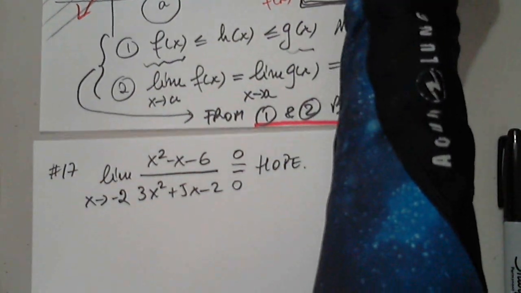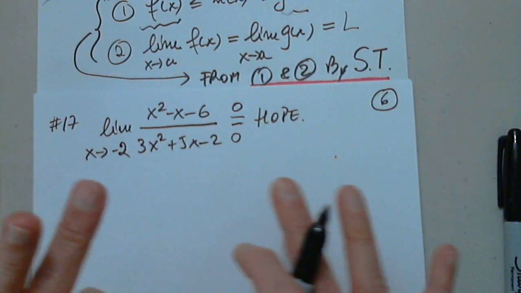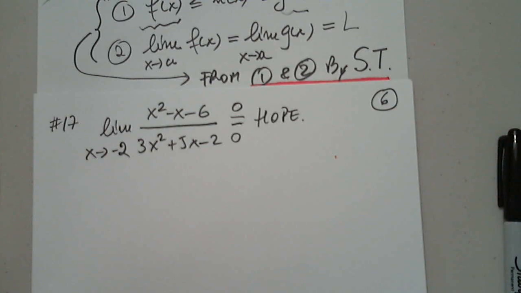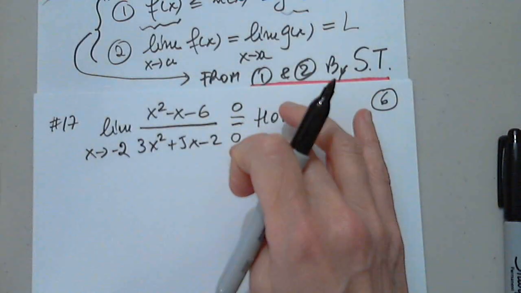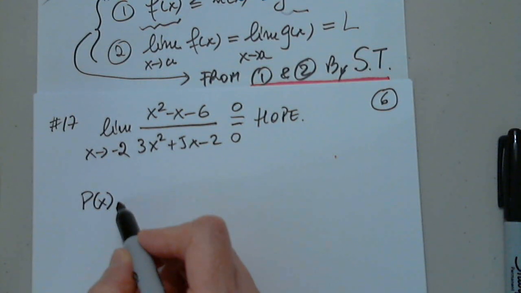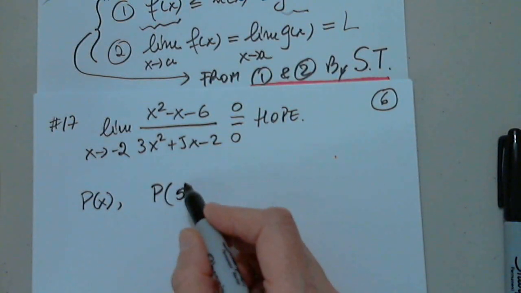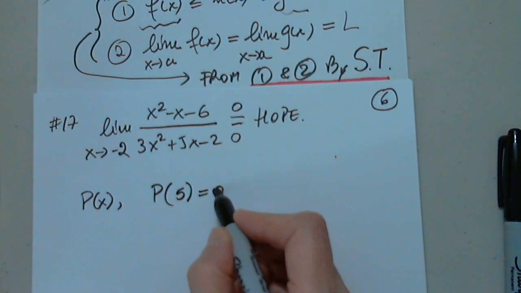Whenever we have a polynomial, this is a side discussion which is extremely important for these situations. Let's say I have a polynomial p of x, and I plug in 5 and I get 0.